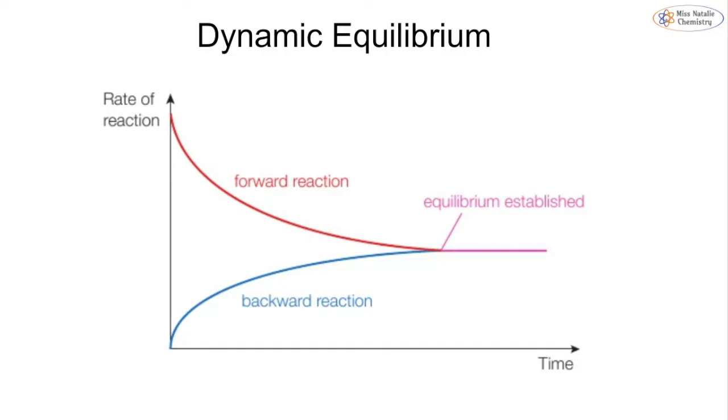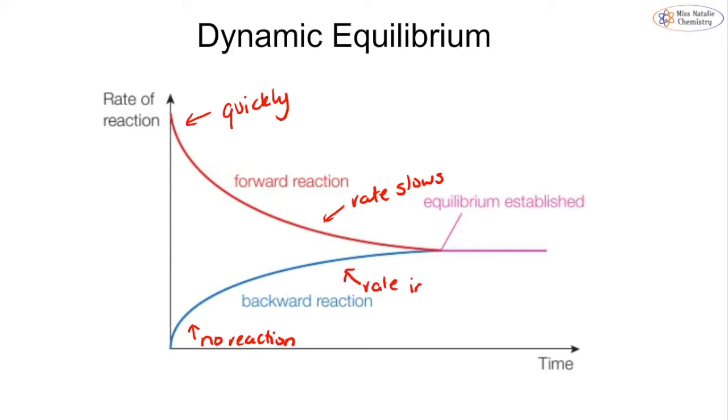So this graph shows our equilibrium happening. We're looking at the rate of reaction, and our forward reaction will start off very quickly and the rate will begin to fall. So here we have a quick reaction and then the rate slows. And for the backwards reaction, we have no reaction at first, of course, because we need to actually start the products, and then here the rate increases.